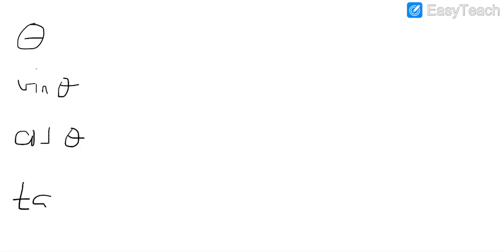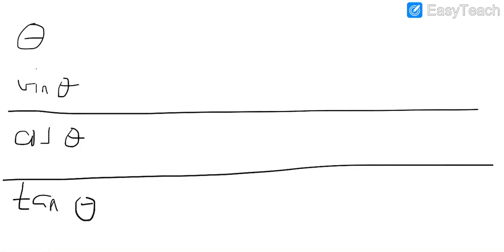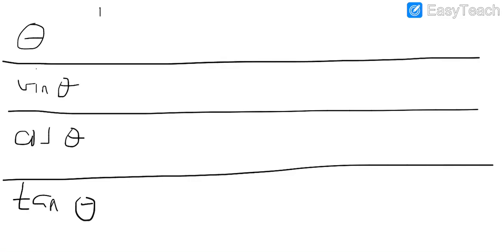Now let's put all these values together and make a table. So theta, sine theta, cosine theta, and tangent theta. So what are those special angles again?